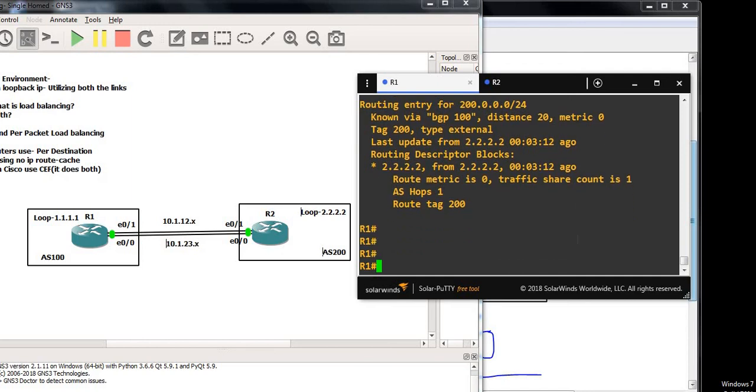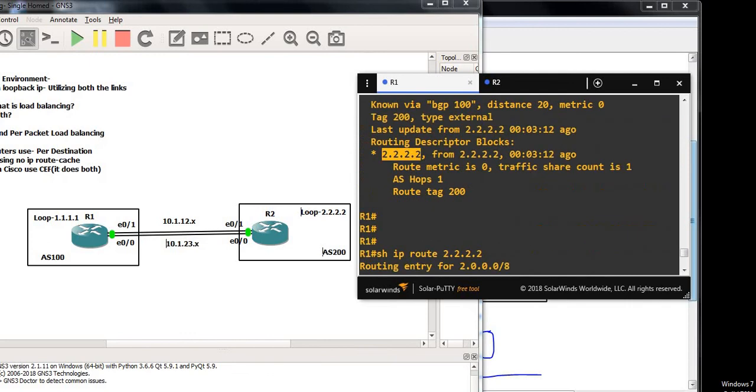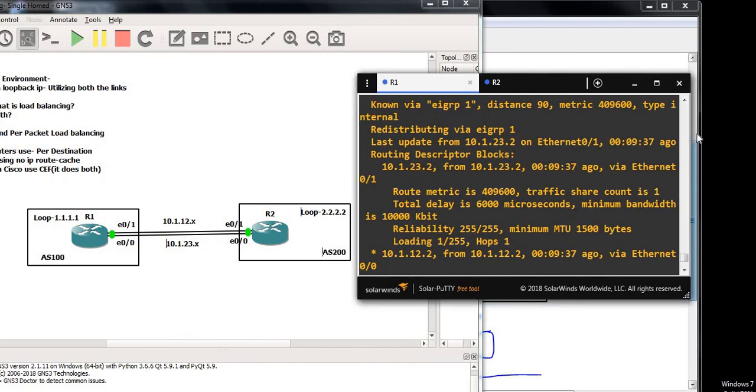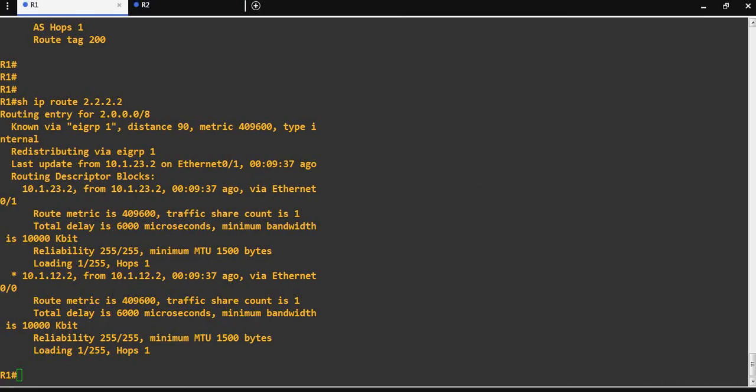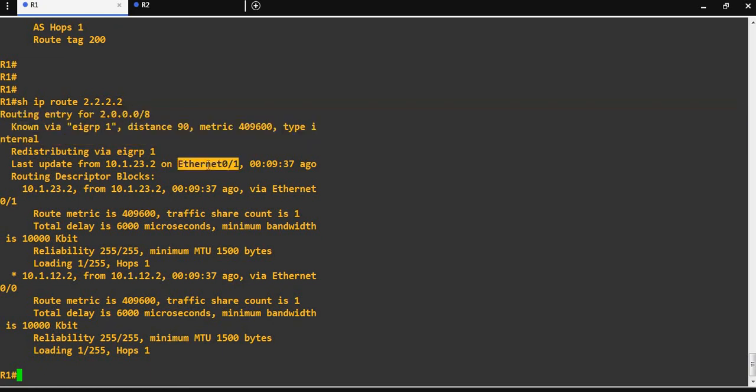However, when you do a trace route, if you see show IP route to the 2.2.2.2 network, you could see that it has two paths, routing entry known via two paths. One is via Ethernet 0/0, and one is via Ethernet 0/1.